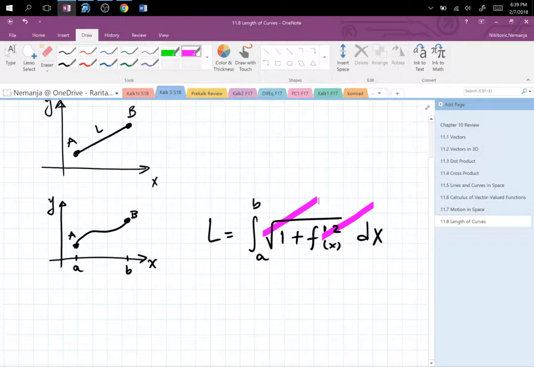They don't cancel because of the 1 plus, but let's ignore the 1 plus. So the square and square root would cancel, and then you have the integral of the derivative, just leaving f of x behind. So this is a one-dimensional equation. Now when you put in all the other bells and whistles, the 1 plus and so on, it gives the length.